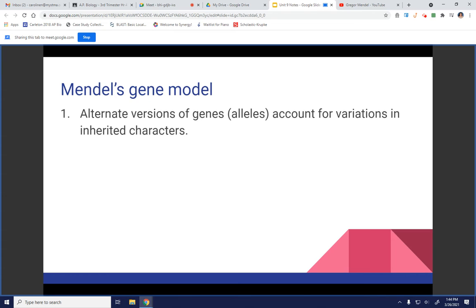The word character is similar to the word trait. There is a very technical difference that you don't need to worry about so much, but when you hear the word character in this sense, it essentially means a trait. So an inherited trait, some characteristic that you can observe externally.